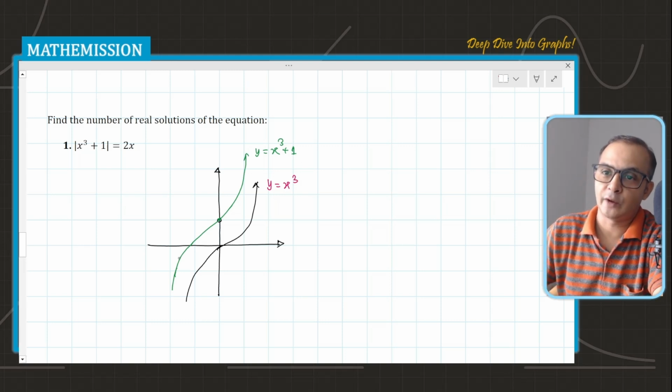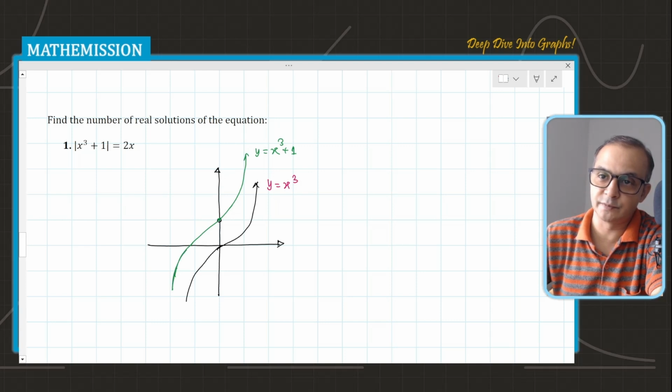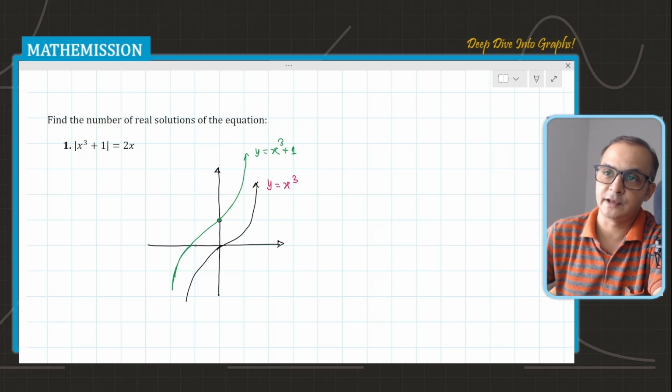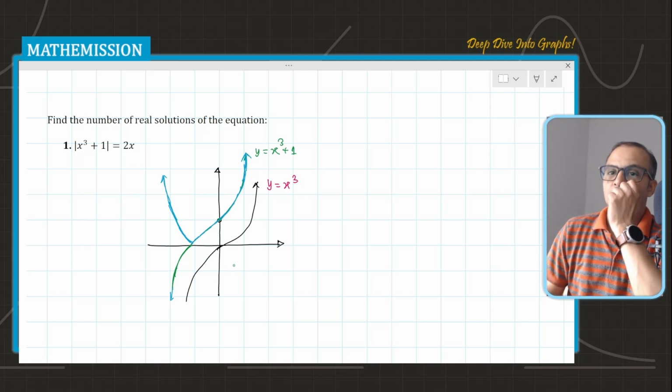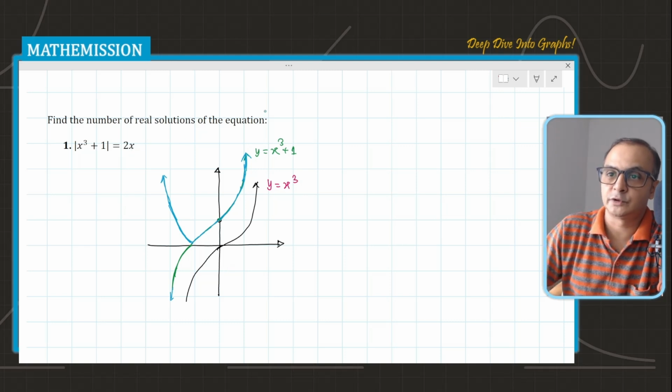Now I identified that this is the portion which is below the x-axis. I have to take the image of it. I'm taking the image like this, and I already had this part above the axis, so I don't have to disturb it. By the way, I drew it up to there, but it will not stop there. You know that it will go down also, and it will also go up, and where it will stop, we don't know. So for sure, I have to draw y is equal to 2x.